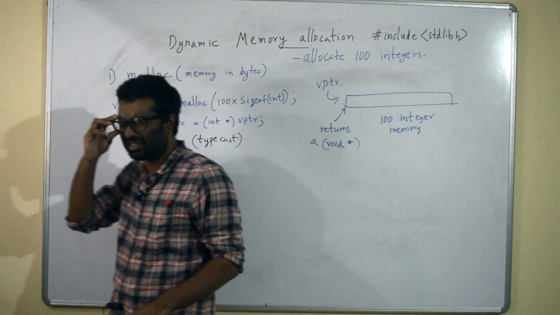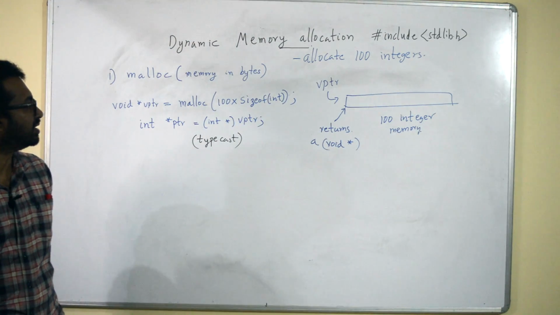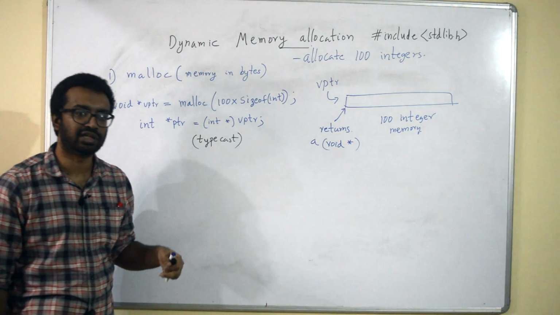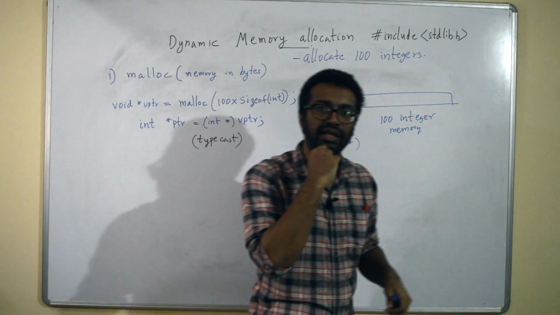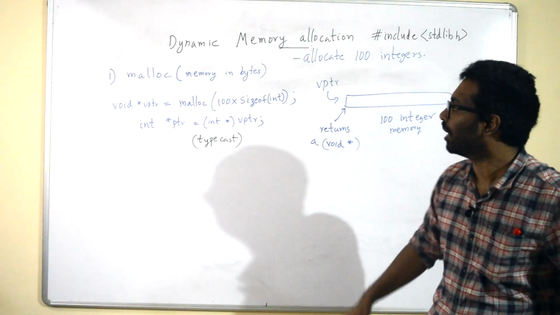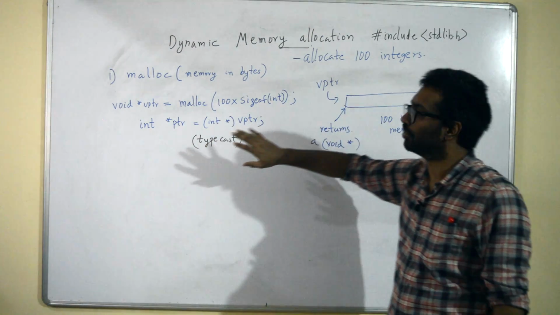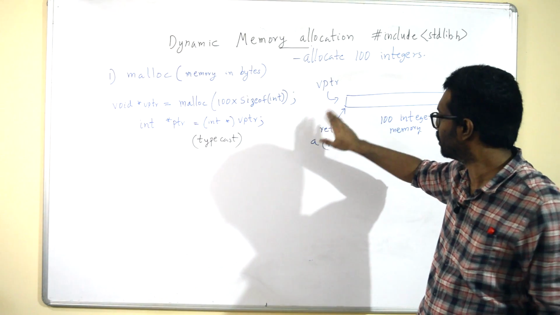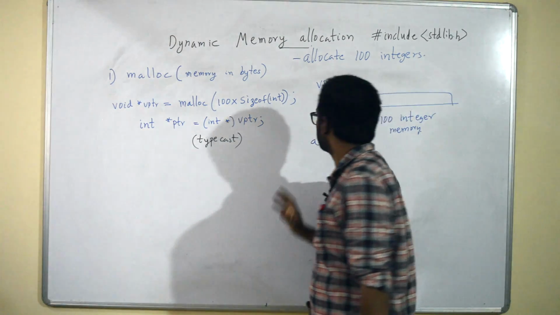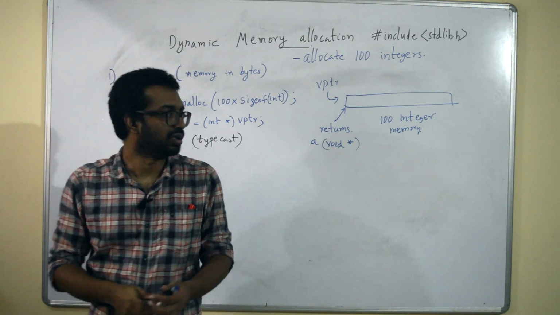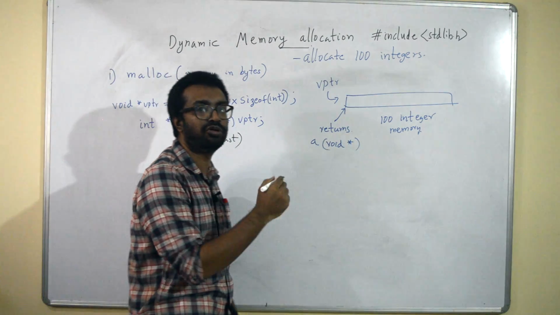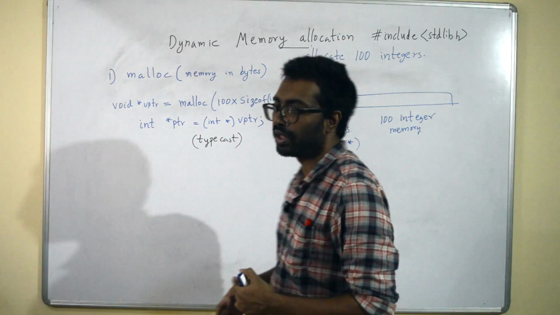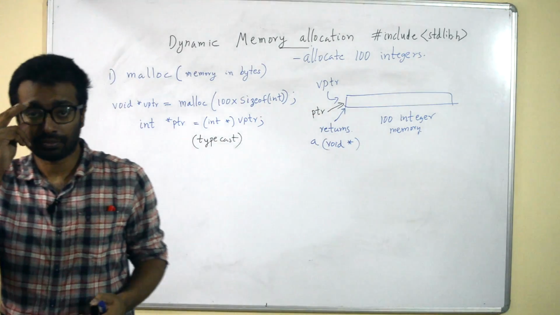That's what is called a typecast. I changed the type of this into an int star and now get it into an int star pointer. This is one way I could get an integer pointer. And now this integer pointer is looking at this entire block of memory allocated starting from this point. So ptr is also pointing to this point. Okay, so this is malloc.